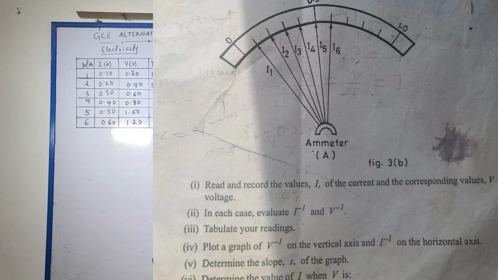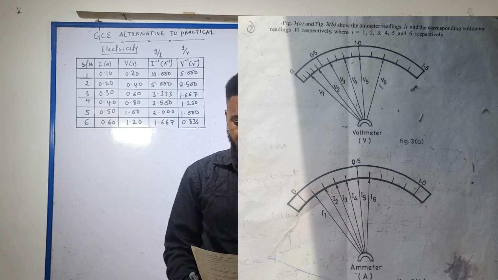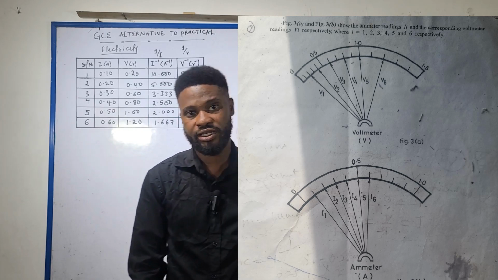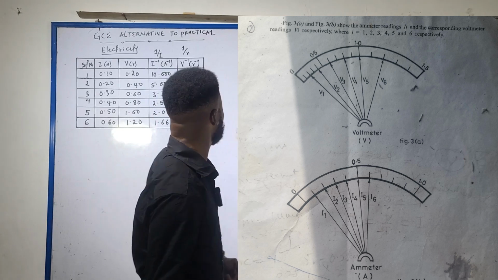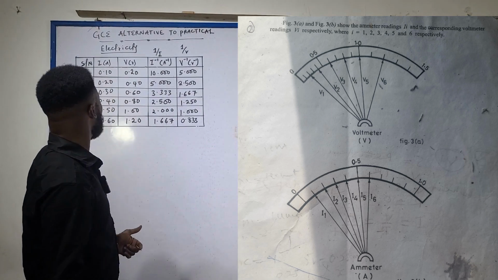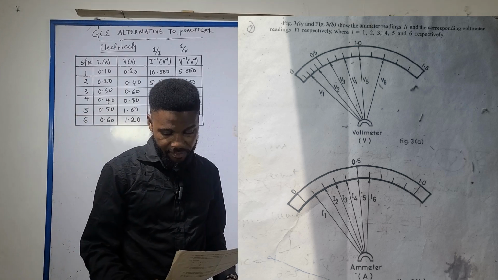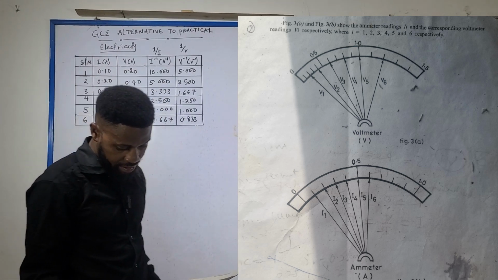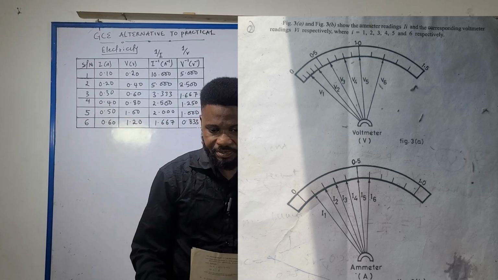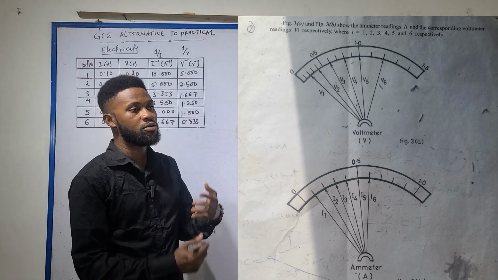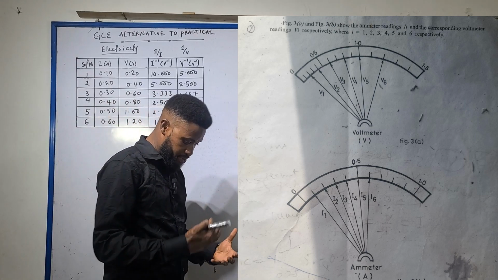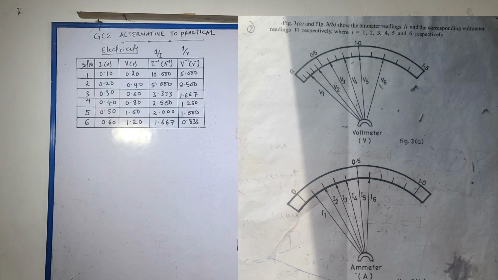For figure 3A, you want to read the voltage reading, and for figure 3B, you want to read the current, that's the ammeter reading.